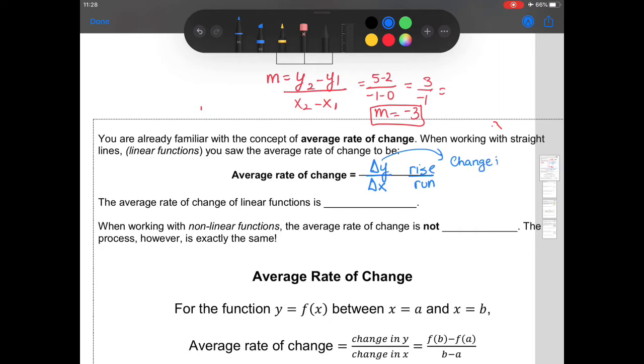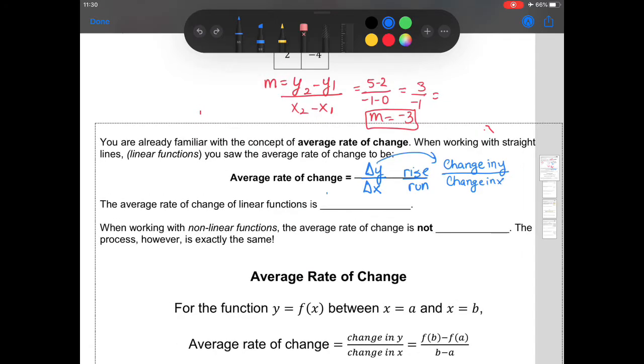The average rate of change of linear functions is y2 minus y1 over x2 minus x1. Or it's the same as y1 minus y2 over x1 minus x2, as long as you're consistent. It's the same thing.